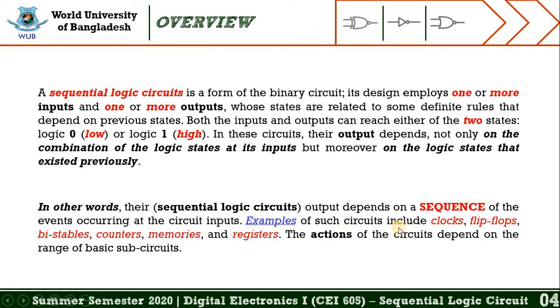Sequential logic circuits include clocks, flip-flops, bistables, counters, memories, and registers. The actions of the circuits depend on a range of basic sub-circuits.